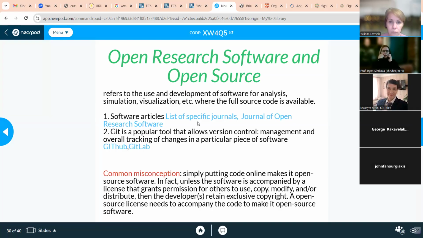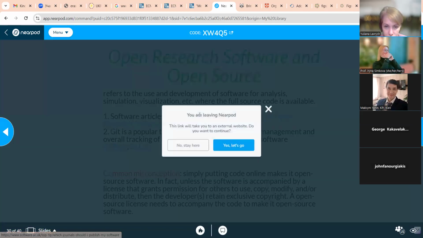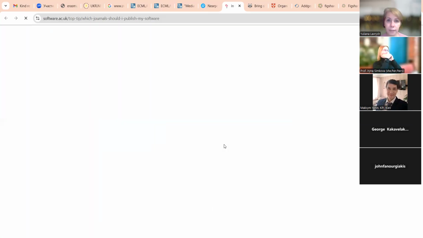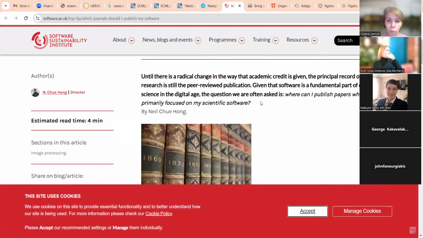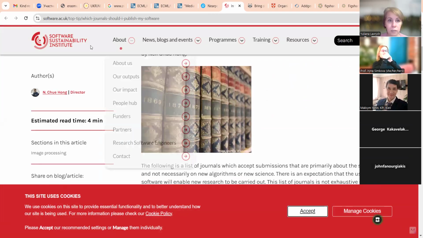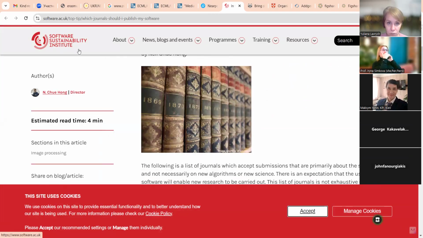And if you are not sure, or if you're looking for this tool, here are also some links for you. For example, a list of specific journals where you can find this information about open software. It's the Software Sustainability Institute.